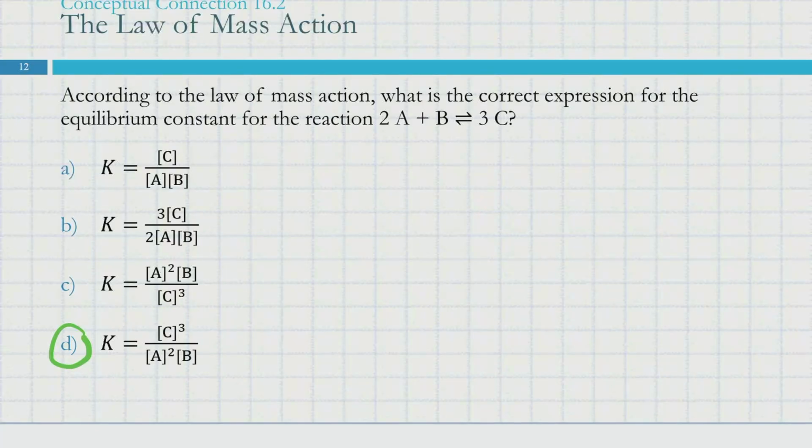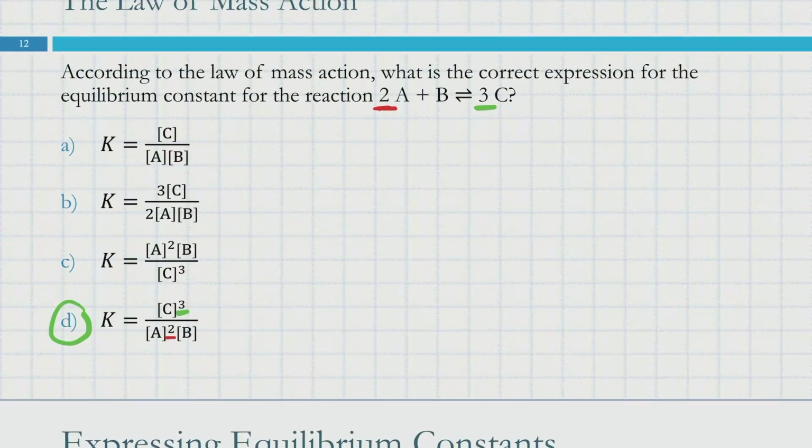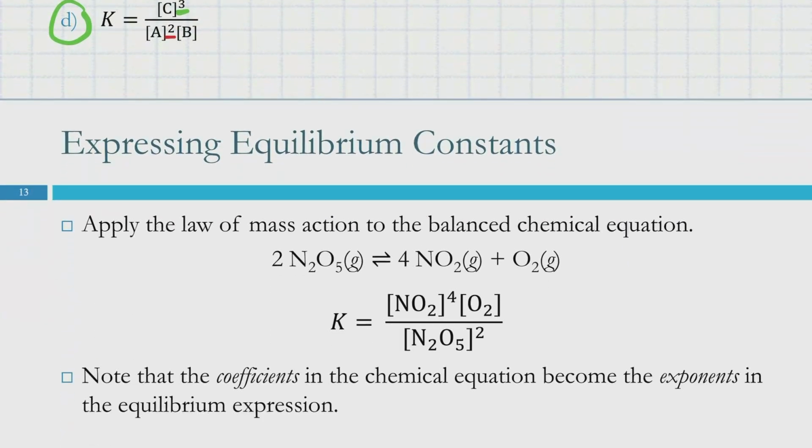Because the products go on top. Yeah, products over reactants. So we've got C raised to the 3, because that's its coefficient. We've got a 2 in front of our A, so our concentration of A is raised to the second power. We also have concentration of B in the denominator. Products over reactants.